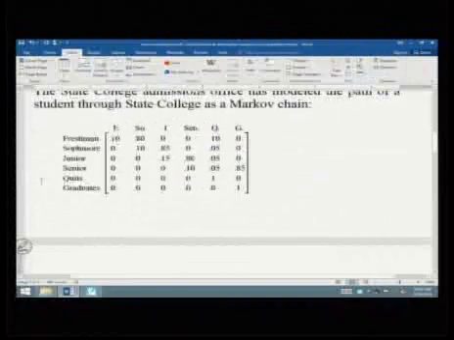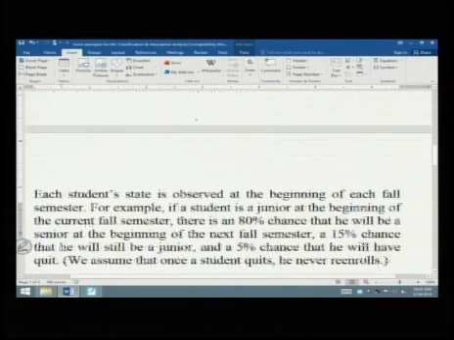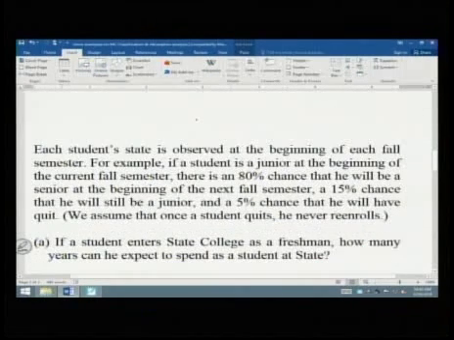So if we go up here, if students are junior, the next fourth, he will become senior with 80% chance, and also a 15% chance that he will still be a junior, and a 5% chance that he will have quit.